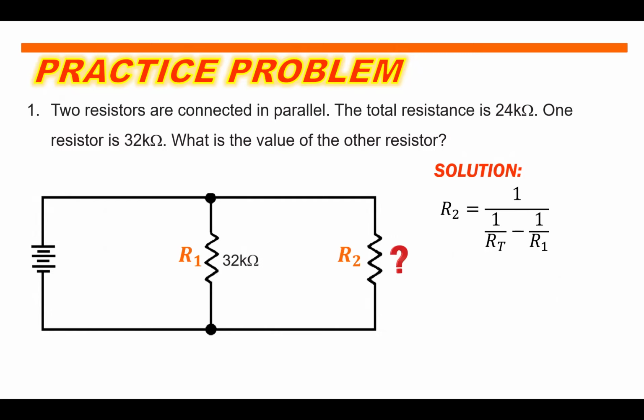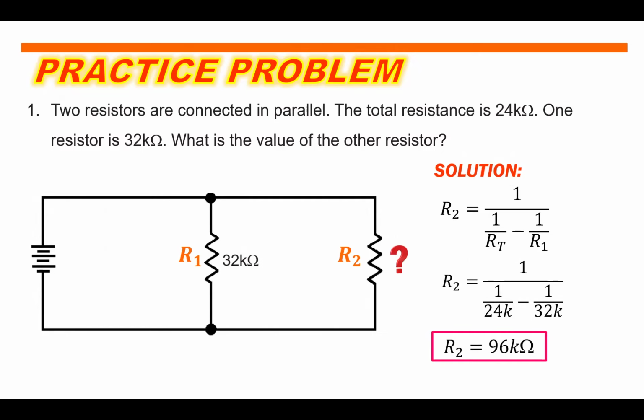So substituting our value, we all know that the value of total resistance is 24 kilo ohms. Substituting this value to our equation, then the value of the other resistor or the R sub 2 is equals to 96 kilo ohms.